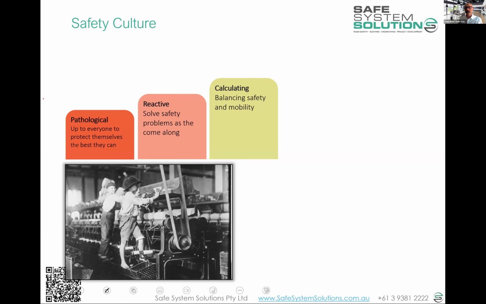Then the economists get involved, and they start to say, well, hang on a second, this is actually costing us money, because the machines are down because people are pulling body parts out of the machines. We lose a worker who is producing great outputs for us. We have to pay some money to the family. And it takes us a while to get the machines back up and running.